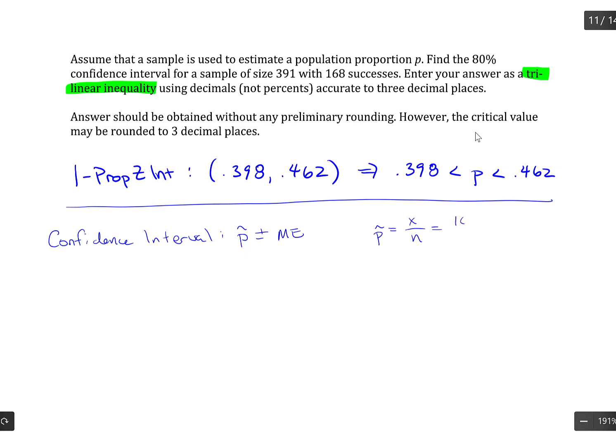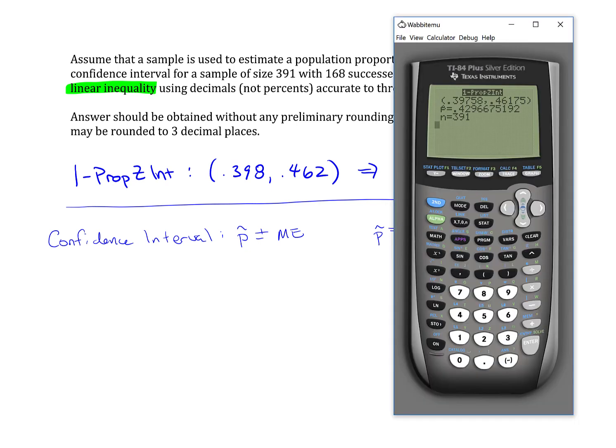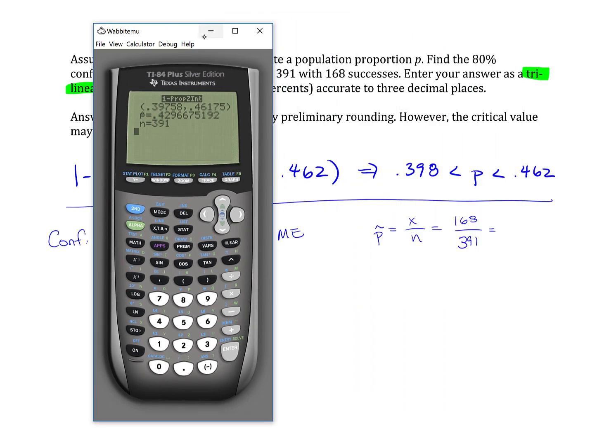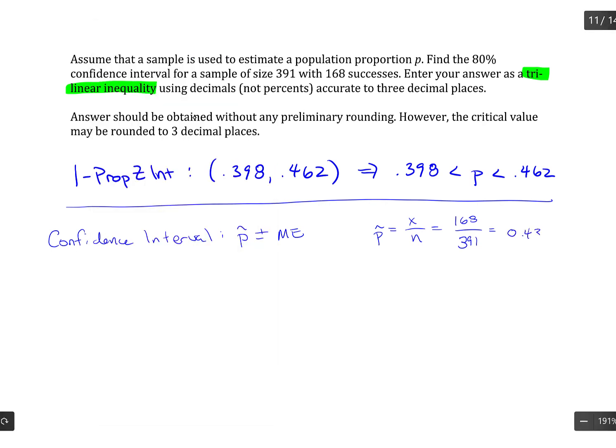So in this case, we have 168 successes, and we had 391 items in the sample. So we just divide those, 168 divided by 391, and that's how we come up with it. So I'll put it as 0.43. I think that'll be fine.